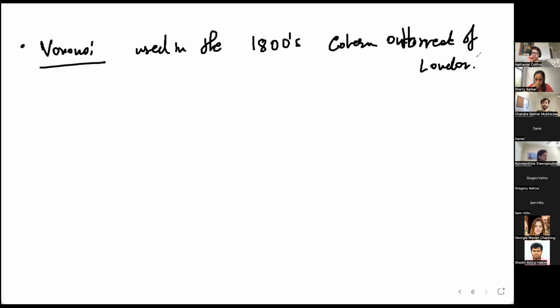It was used by a doctor, I think his name was Dr. Snow. He used this in a 19th century cholera outbreak to figure out what was the source of the outbreak. And in some sense, it was also the first time a disease was studied in such an analytical manner.